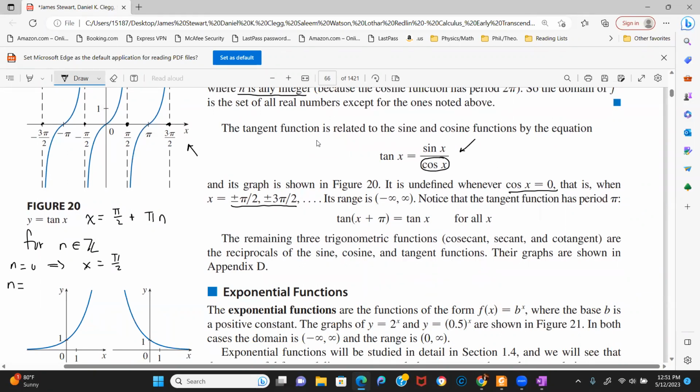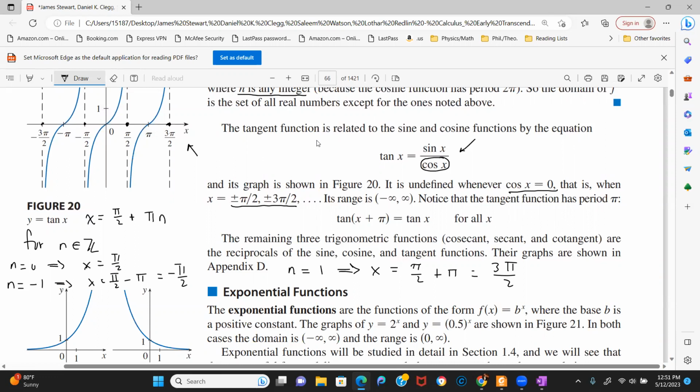If n is -1, you're going to get x is equal to pi over 2 minus pi, which is equal to -pi over 2. When n is 1, that implies x is equal to pi over 2 plus pi, which will give you 3 pi over 2.